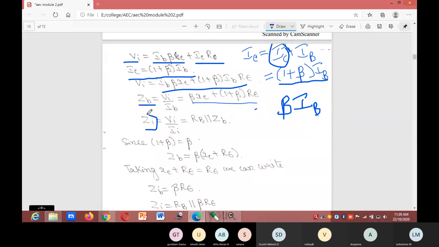This is the base impedance, and the input impedance is RB parallel ZB.